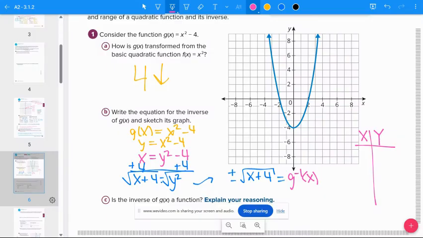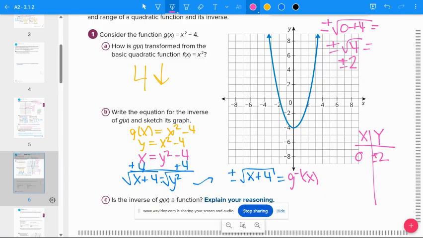So whatever I'm plugging in for my x value, I want it to create a perfect square. So if I just plugged in 0, would that work? Yeah, because it would become plus or minus square root of 0 plus 4. Well, that's 4, and that is a perfect square root. So we do get the answer of plus or minus 2.